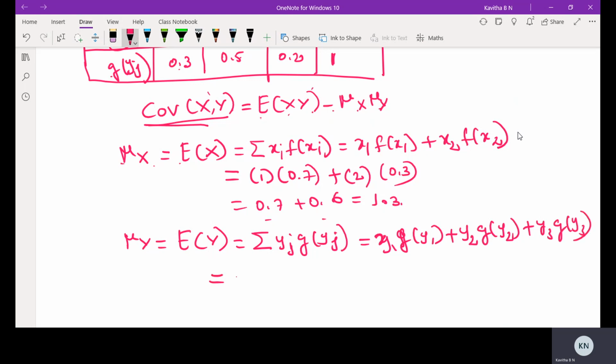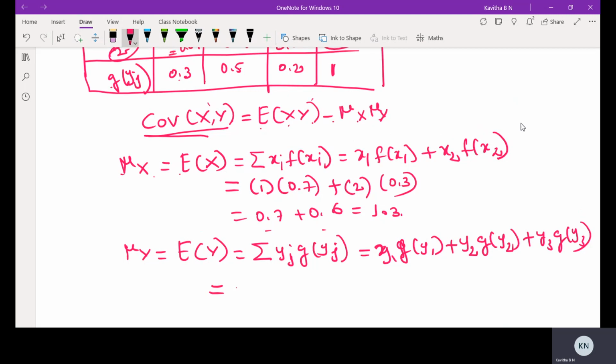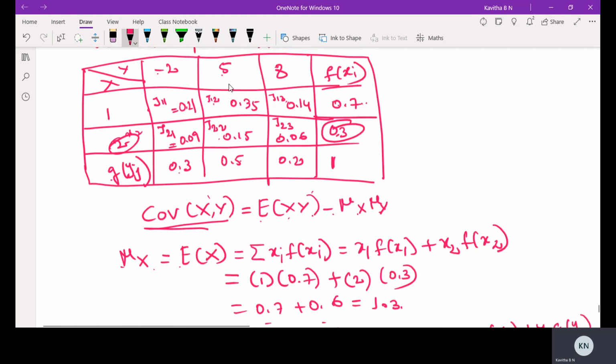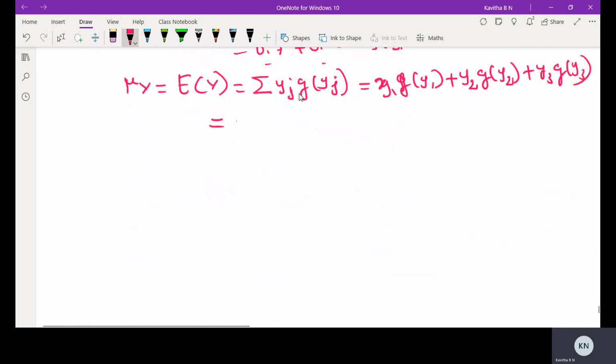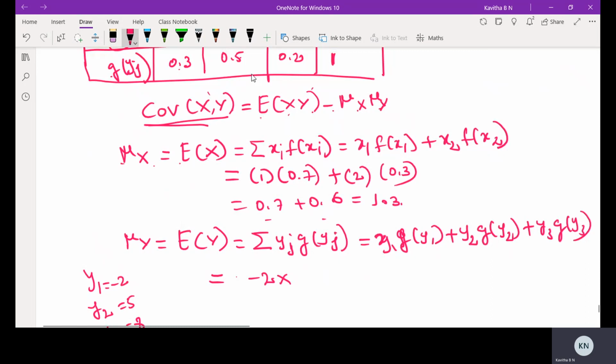Okay, then the y values are minus 2, 5 and 8. Means y1 is equal to minus 2, y2 is equal to 5 and y3 is equal to 8. Okay, y1 is minus 2 into g of y1. Observe here, this is g of y1, this is g of y2, this is g of y3.